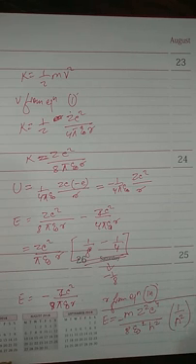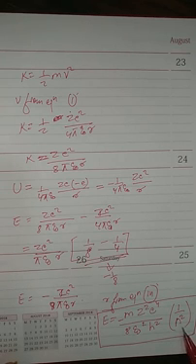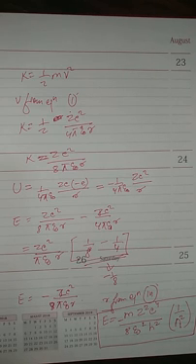So this is the energy of a revolving electron, where n is the principal quantum number. This is the expression of the energy of the electron in the nth orbit.